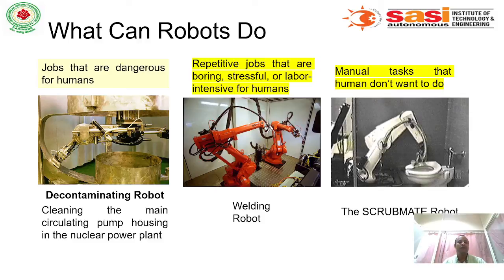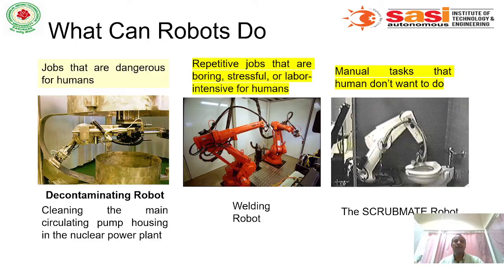There we can place a robot, and what the human being was required to do will be replaced by a robot. Here if you observe, this is a circulating pump housing in the nuclear power plant, where people established a robot that is doing the human beings' work. This is the first application.